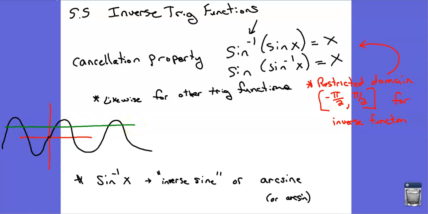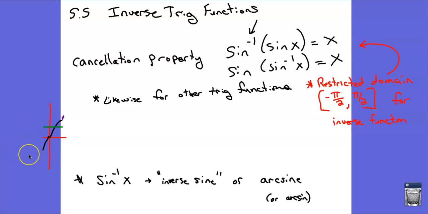So that's why we're going to literally restrict it from negative pi over 2 to pi over 2, because then it won't start repeating after that. We're going to restrict it from here to here, and those are inverse trig functions.